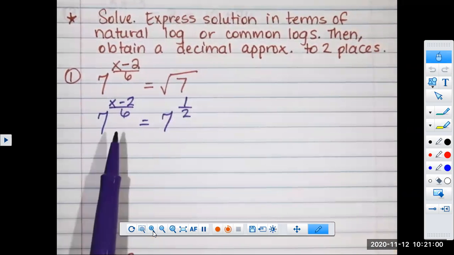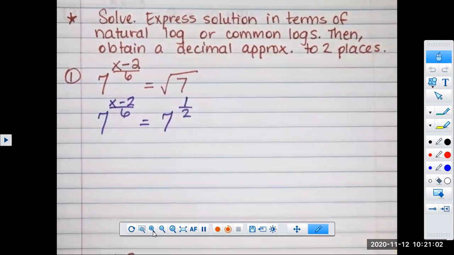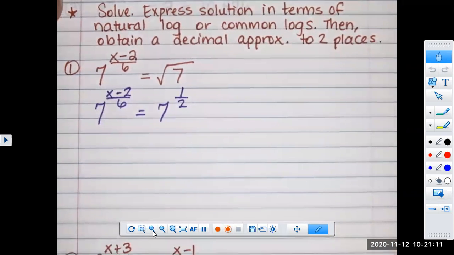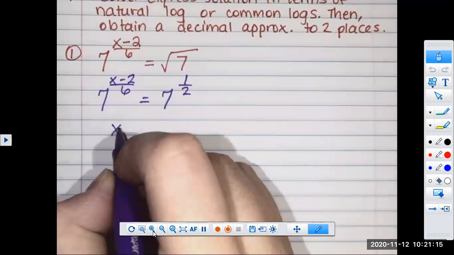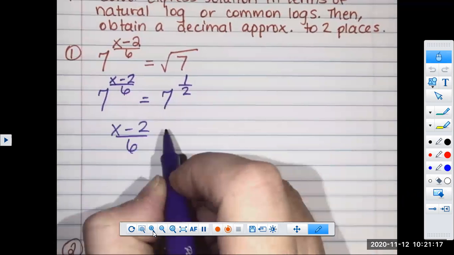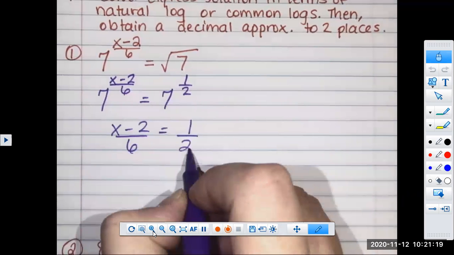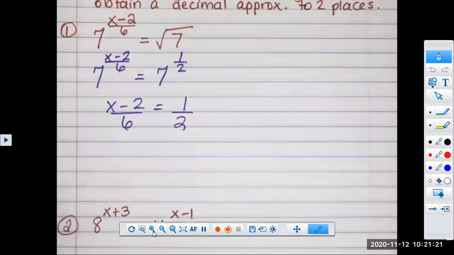Now that they have the same base of 7, what must be true about the exponents? They're equal. So once you have the same base, then you can set the exponents equal. What's your next step?